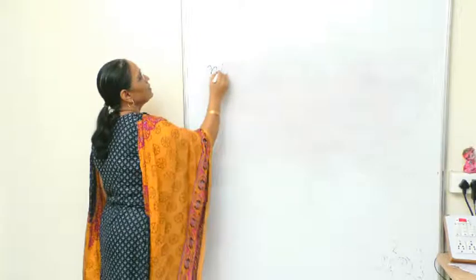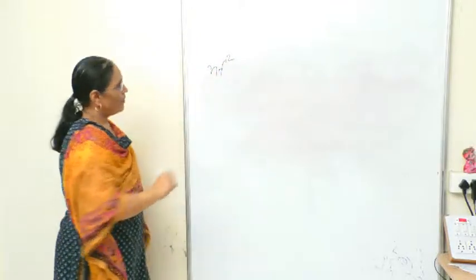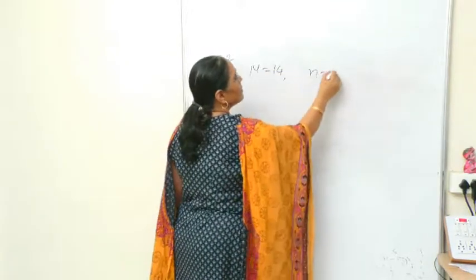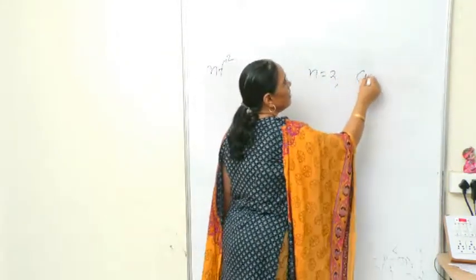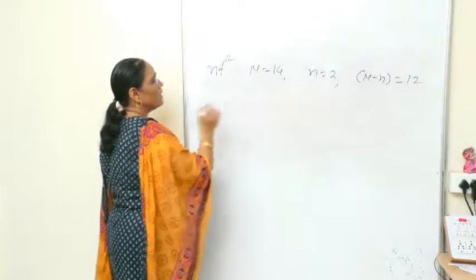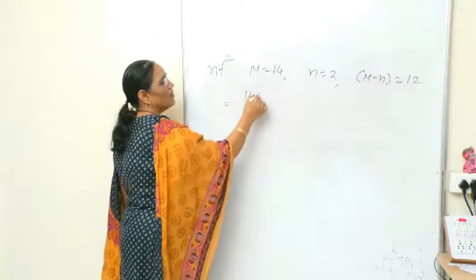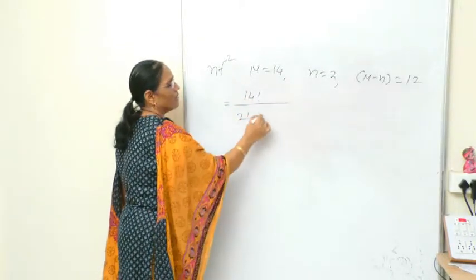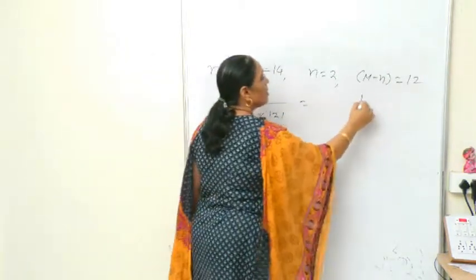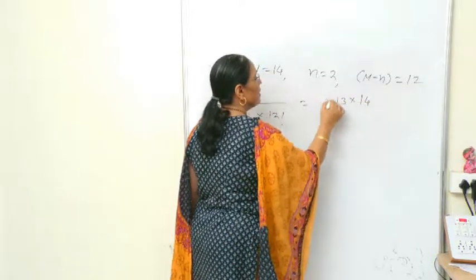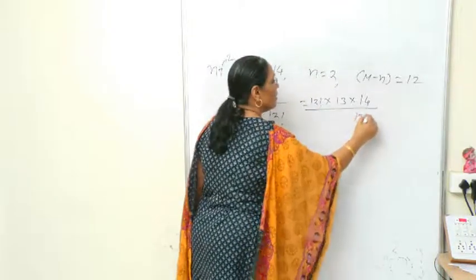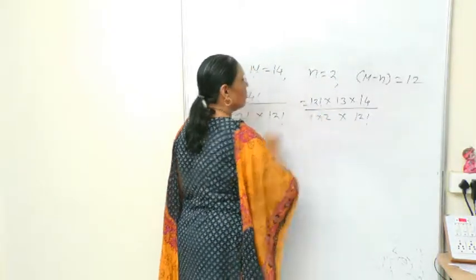The same thing is with nf2. For f orbital, N is equal to 14, small n is equal to 2, therefore N minus n is equal to 12. By putting these values in the equation, 14 factorial by 2 factorial into 12 factorial, we can solve 14 into 13 into 12 factorial by 12 factorial into 2 into 1.